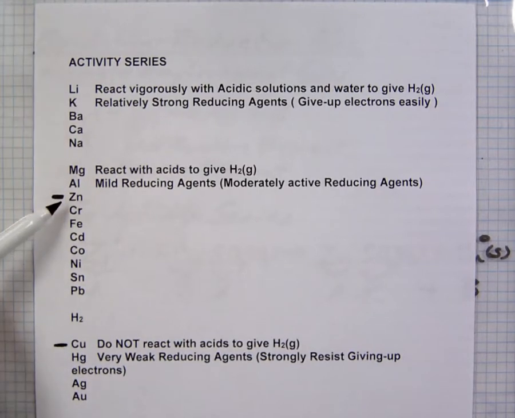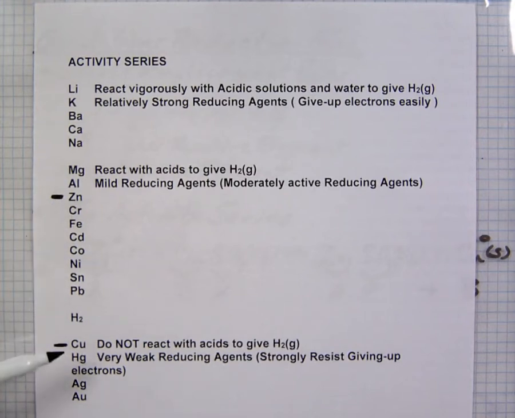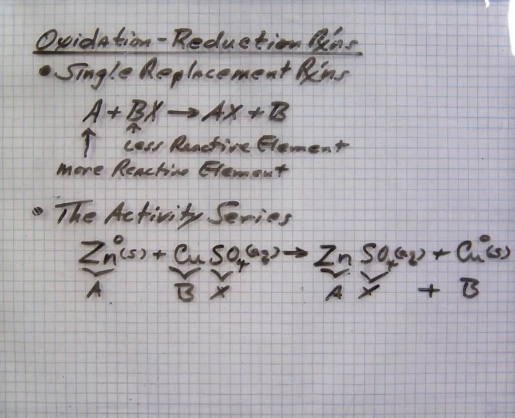Since zinc is above copper in the activity series, it will in fact replace copper and make the zinc sulfate, and copper will be reduced to its basic standard state.